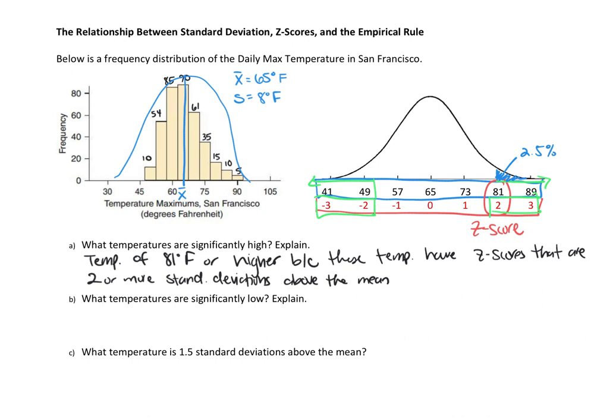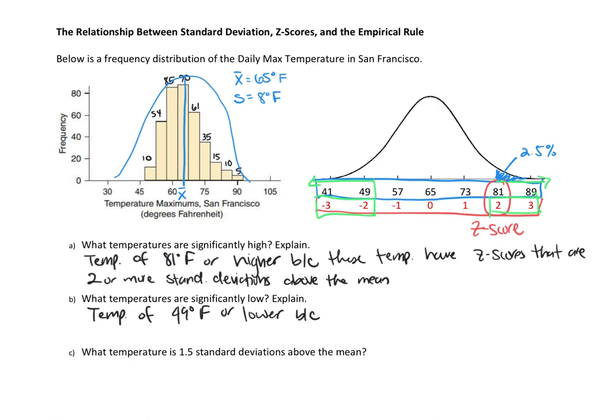What temperatures are significantly low? Same idea, using the empirical rule, those are going to be temperatures that have z-scores of -2 or smaller. So this means that temperatures of 49 degrees Fahrenheit or lower would be significantly low.